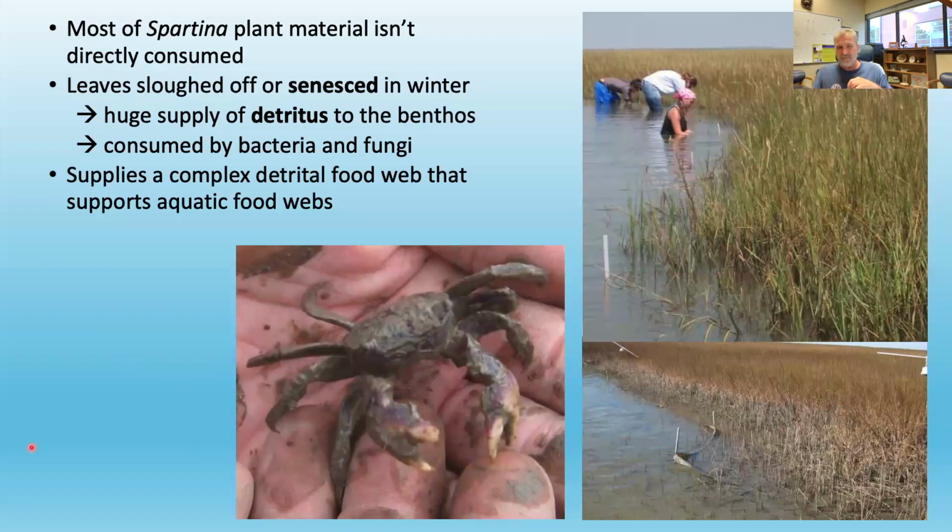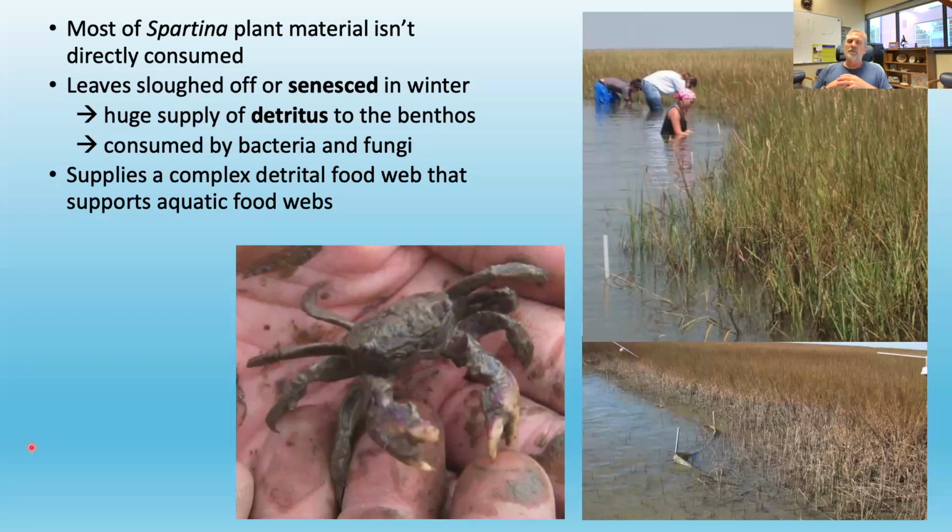So, like I said, there are some insects that will feed on the leaves of these plants directly. There are some mammals that will feed, and some birds also that will feed on either the plants directly or their seeds. So some notable ones are like West Indian manatees. Snow geese actually utilize the seeds on their migration as a food source.